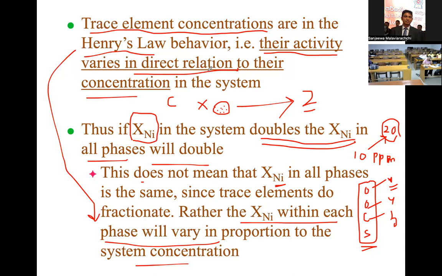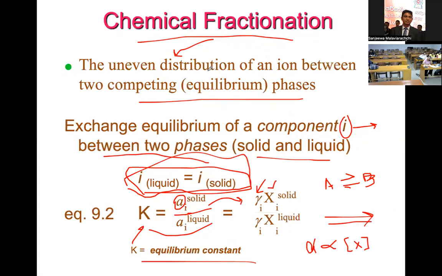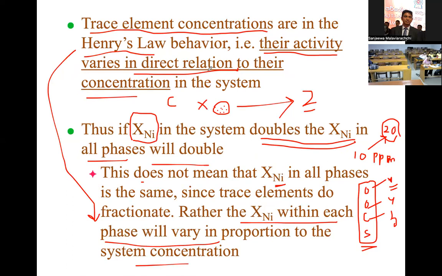Right. This is another important matter with regard to fractionation of elements. During chemical fractionation, these types of things happen. Just keep in mind, because in some problems you will simply get a statement like this: the system doubles the nickel component, then calculate this much in the resulting system.